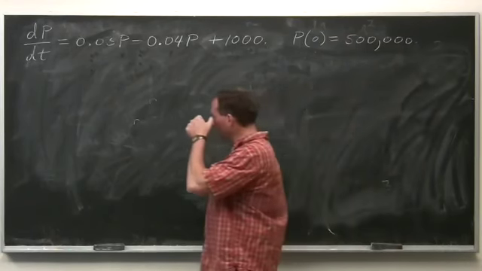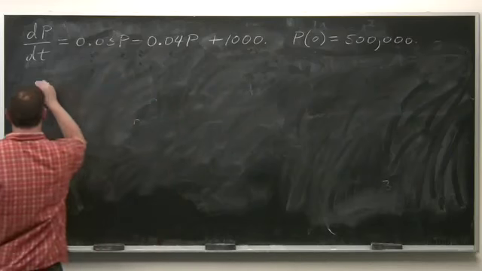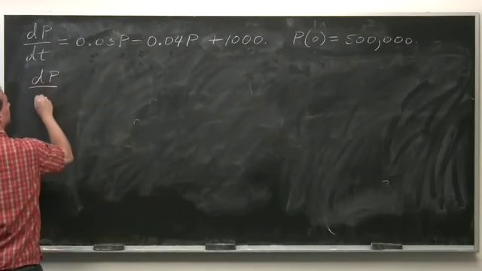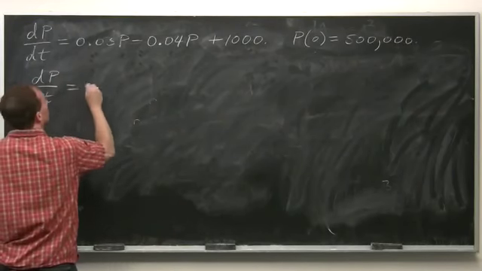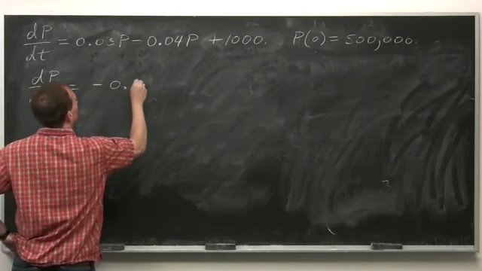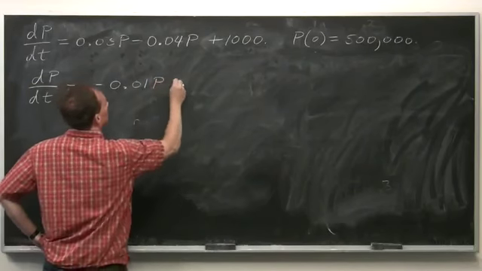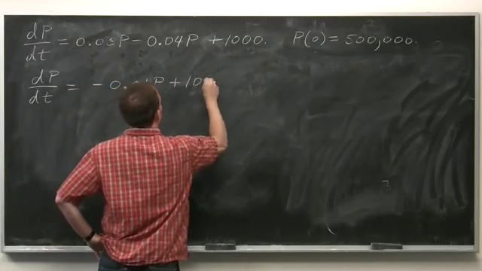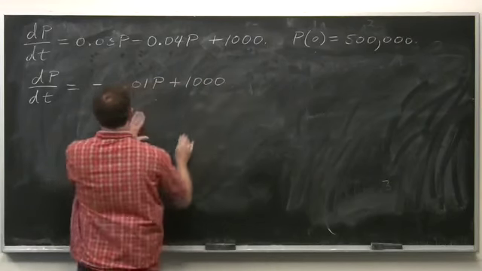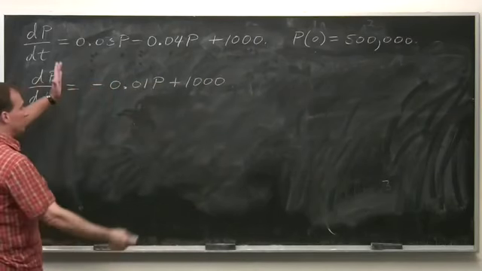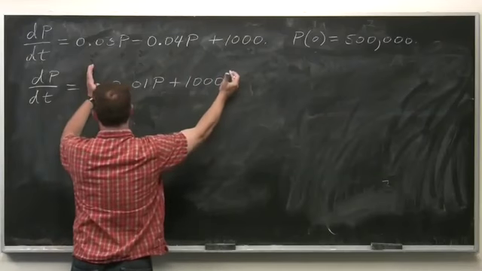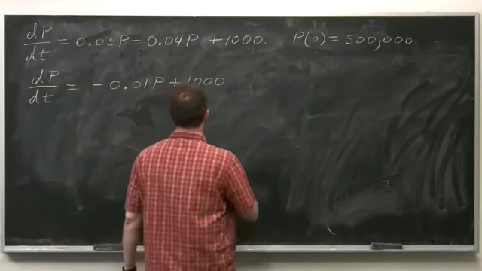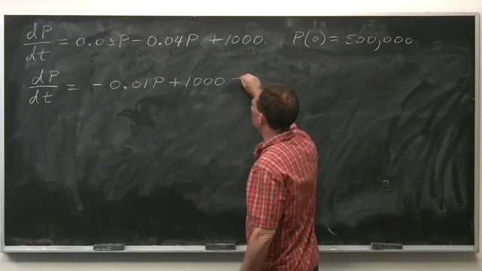Okay, we'd like to solve this differential equation. This is dP/dt equals negative 0.01P plus 1,000. This is separable. You divide by this whole function of P and multiply by dt. It'll be slightly easier.